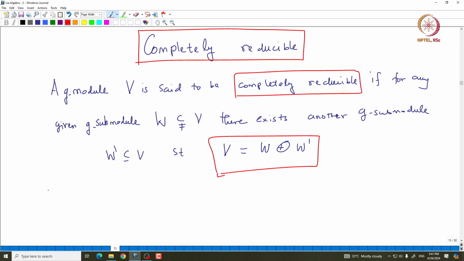So, we have the following theorem. As I promised, I will prove only one characterization. Let us start with the G module V. Let G be a given Lie algebra and V a finite dimensional G module.